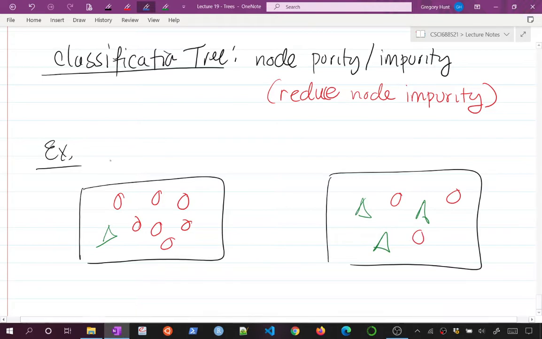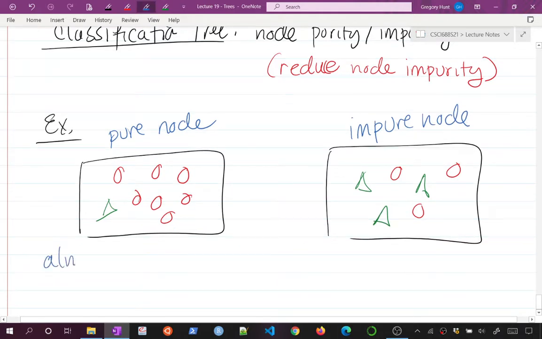So on the left here we have a very pure node. It has almost all of one type. And on the right, we have an impure node, where it's basically a 50-50 split.